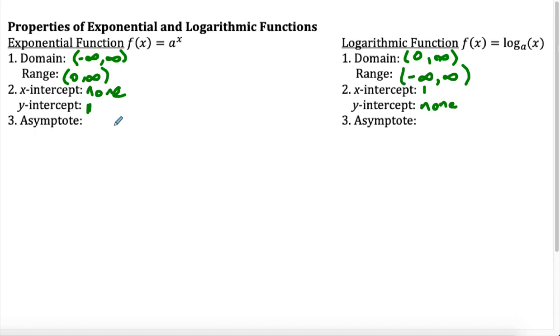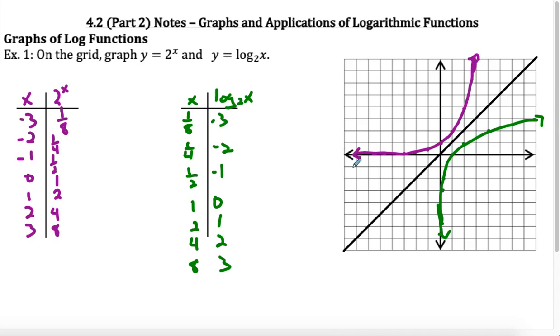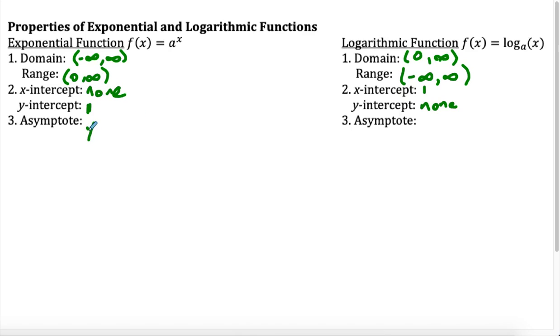And then we've already mentioned that, again, before any shifts, the asymptote of an exponential is the x-axis, which would be the line y equals 0, and the asymptote for a log is the y-axis, which would be the line x equals 0.